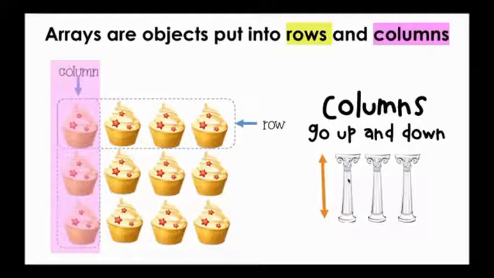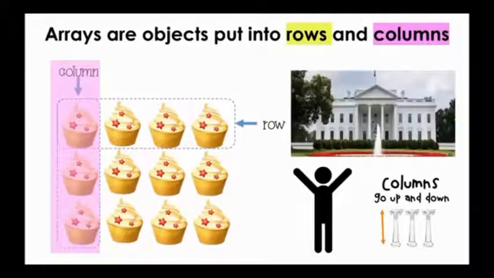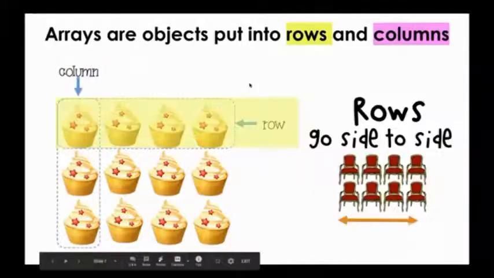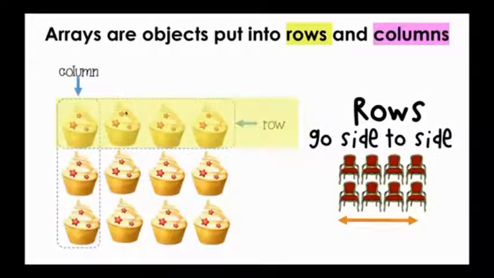When you think of a column, you can think of pillars, like the pillars on the White House, or you can think of it as yourself. When you stand up straight and put your arms in the air, you are making yourself into a column that goes up and down. Arrays are also made up of rows.